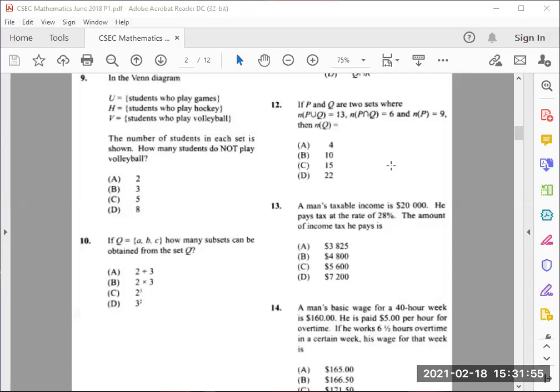Remember now, draw the Venn diagram. If you draw the Venn diagram, you see that the answer for 12 is 10. Okay, B for number 12.